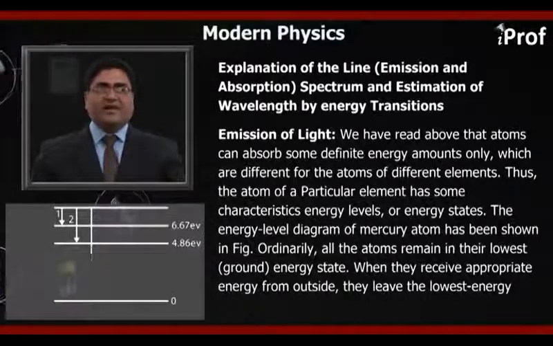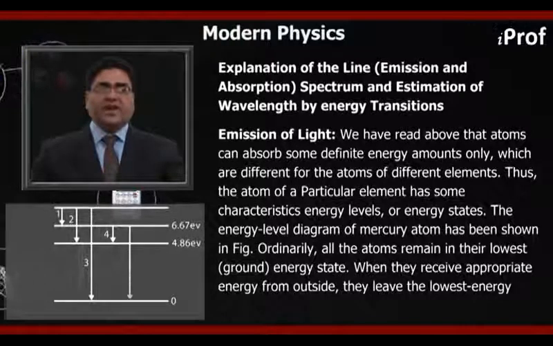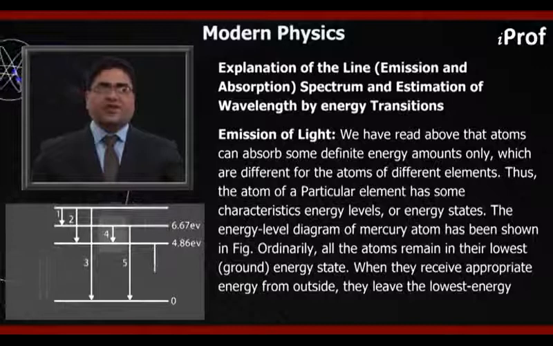The energy level diagram of mercury atom has been shown in figure. Ordinarily, all the atoms remain in their lowest ground energy state.